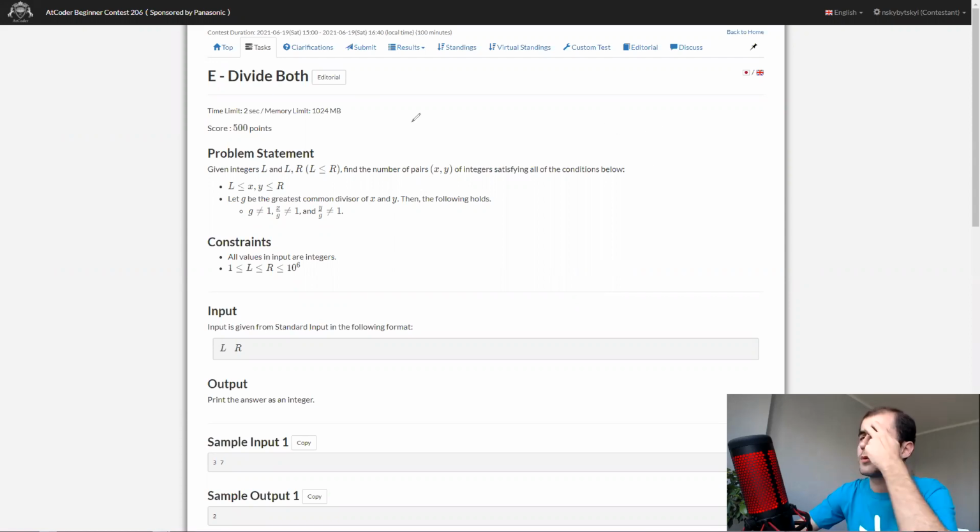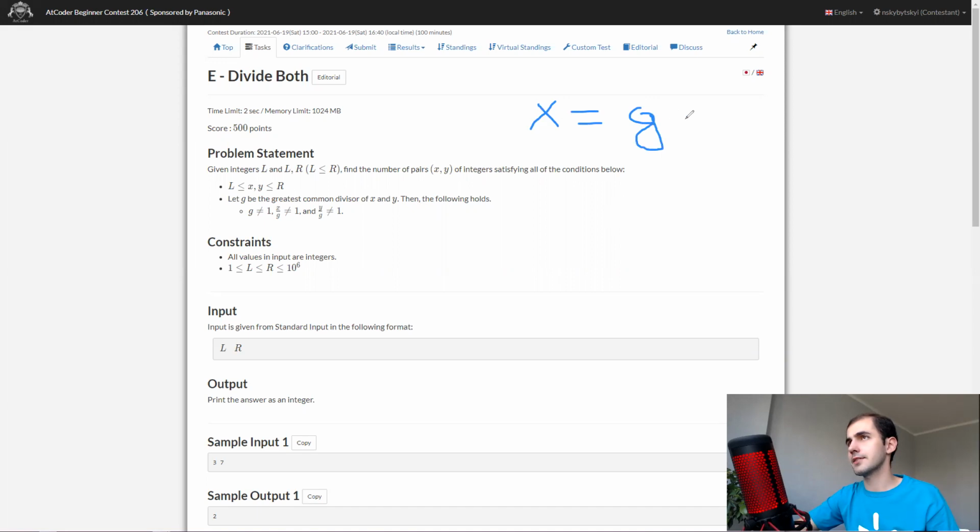So we kind of have some ideas, at least, about what is going to happen in the case g equal to 1. Another thing that happens here is that x is not equal to g and y is not equal to g. That is also not very difficult, because we can count such things and exclude them.